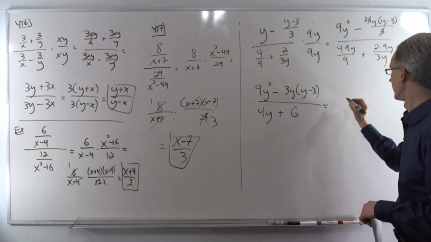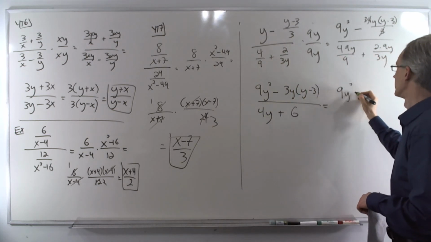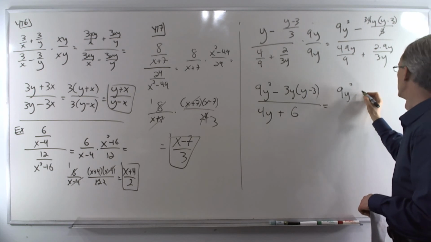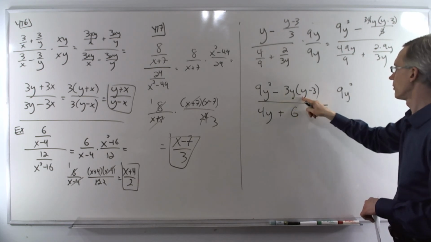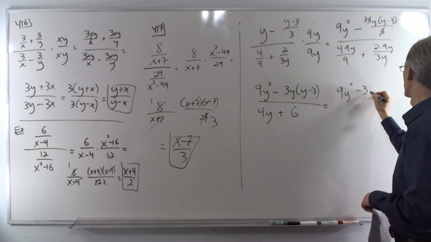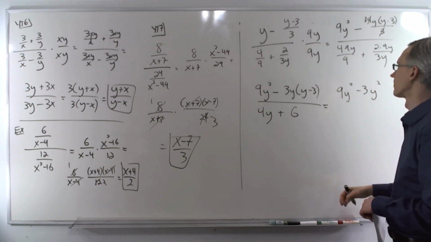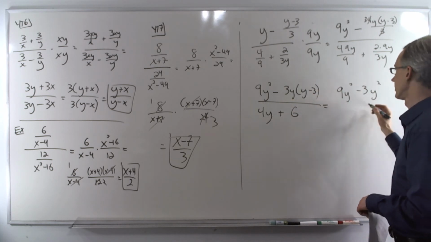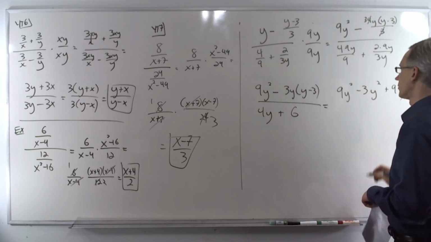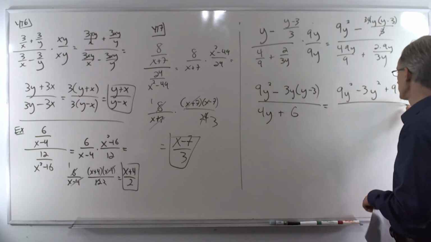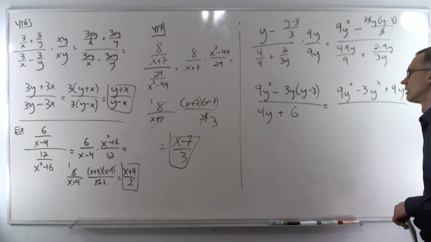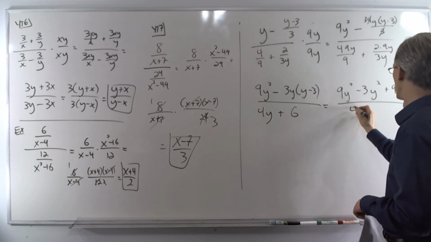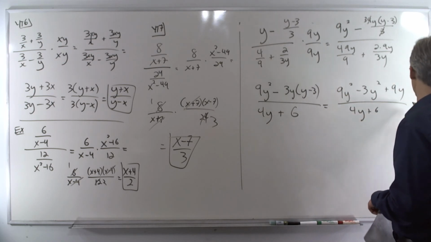Now we can simplify. 9y squared, and I'm going to distribute negative 3y into here, so that's negative 3y squared. And negative 3y times negative 3 is positive 9y. In the bottom, we just have 4y plus 6.